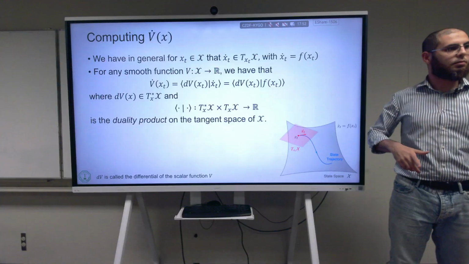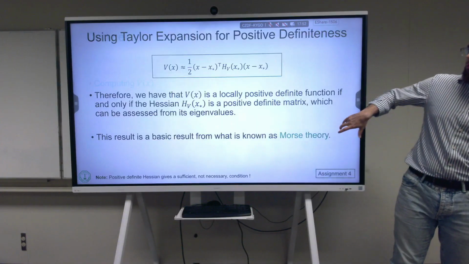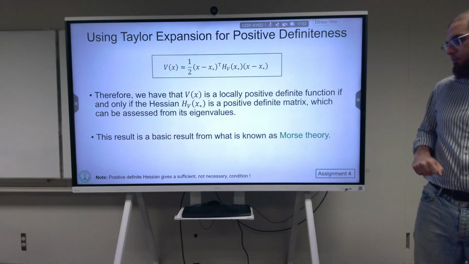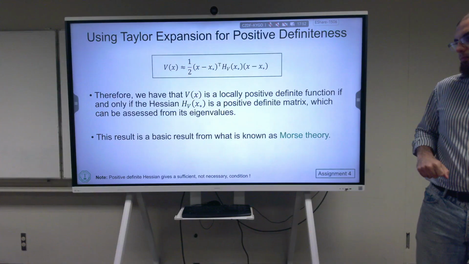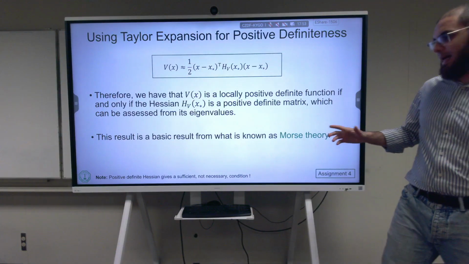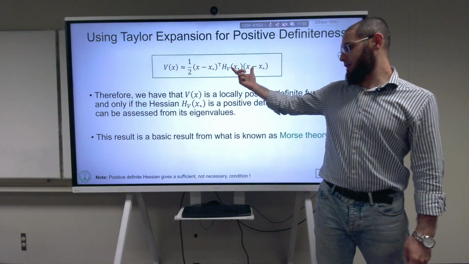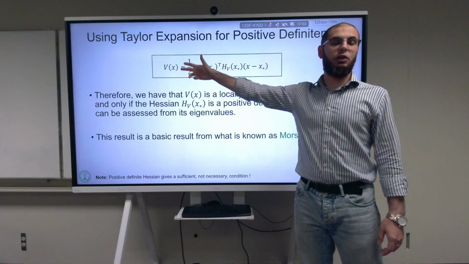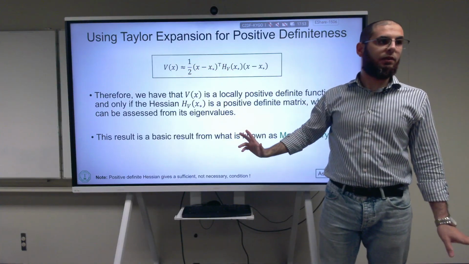One thing, previous: the positive definite Hessian gives a sufficient, not necessary condition. Which means that if you can show the positive definiteness of this one, the function is already locally positive definite.